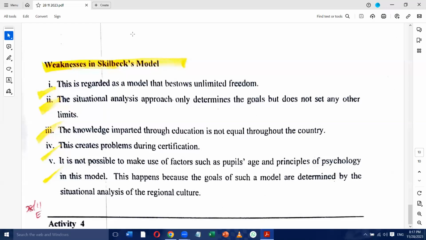It's a lengthy one. Then various other psychological ideas that we have seen in the formulation of a curriculum. So this psychological part is what we are going to deal with in the next session.